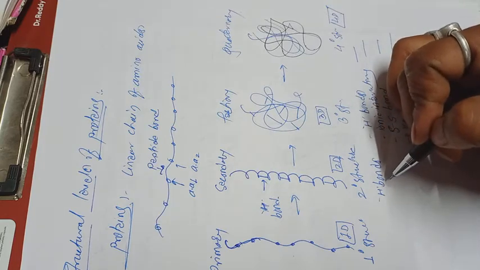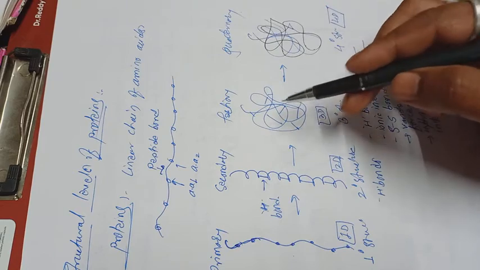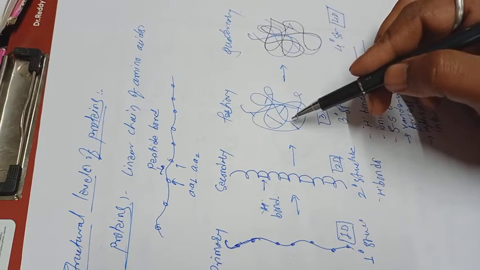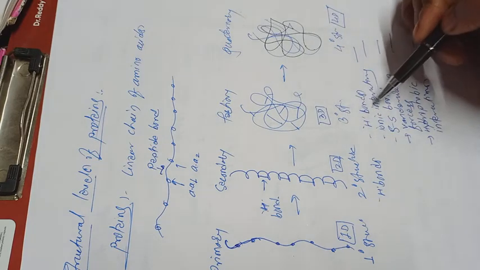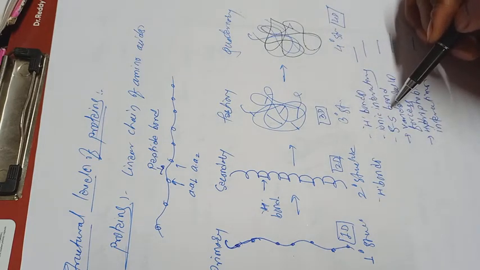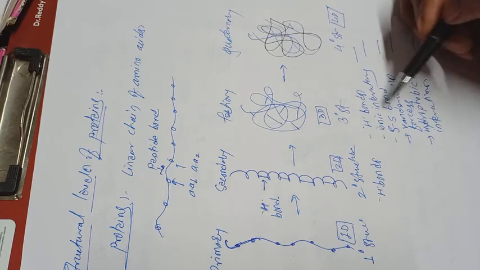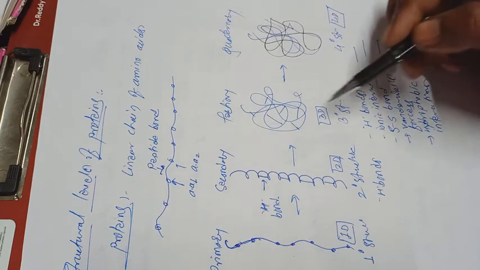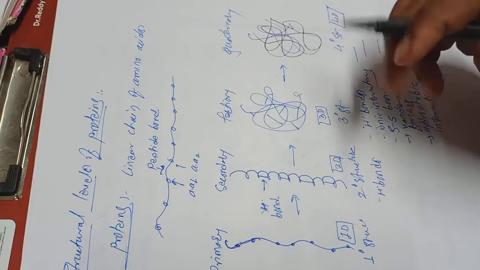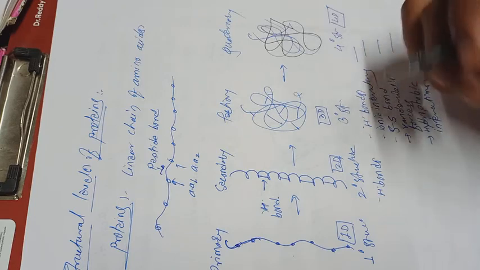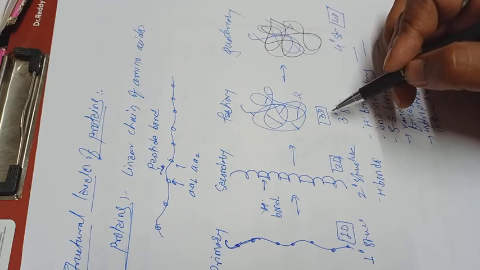In the tertiary structure, the linear chain of amino acids is folded in a specific manner, with hydrogen bonds as well as ionic interactions, disulfide bonds, van der Waals forces and hydrophobic interactions. All of these are present, and the chain is folded in a compact manner.